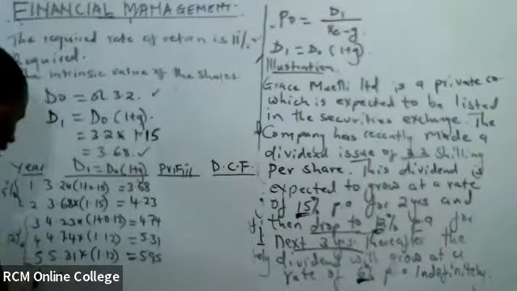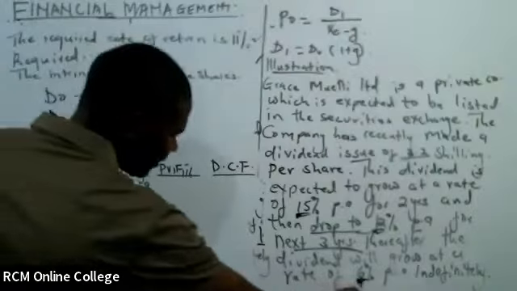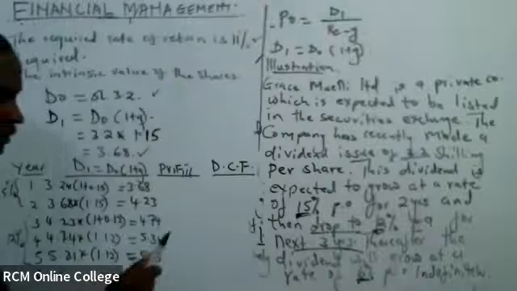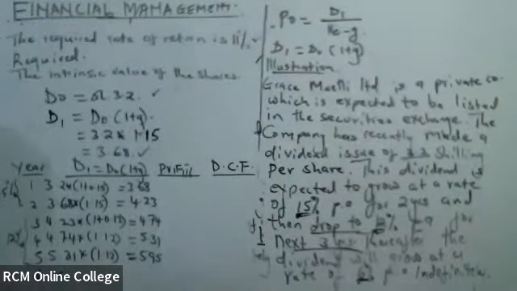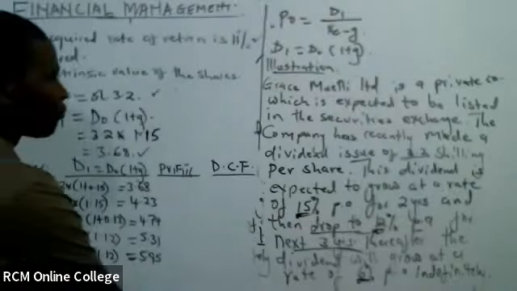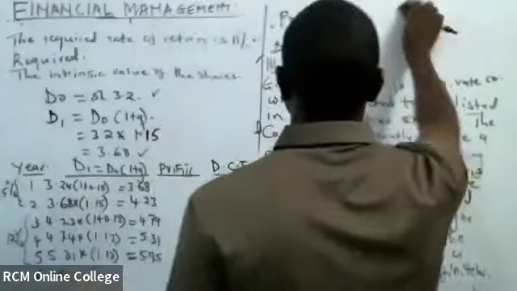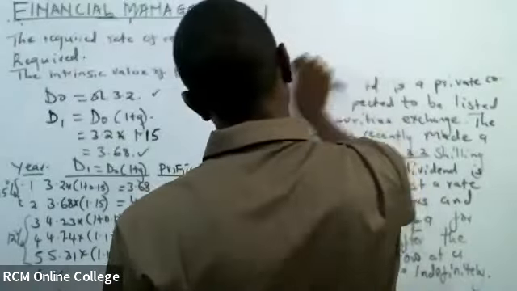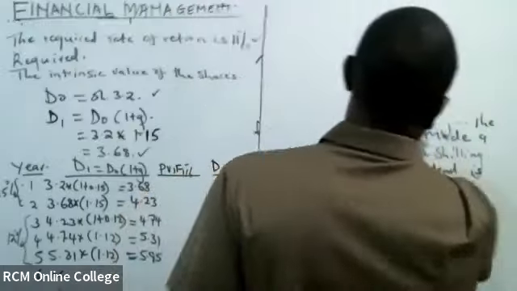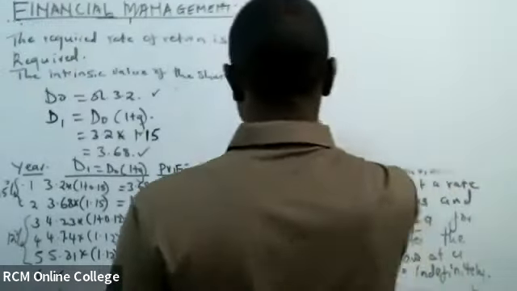See, the last one is the growth is 6% and going from year 6 to infinity. Now, there we shall introduce a very great formula here. How do we get?